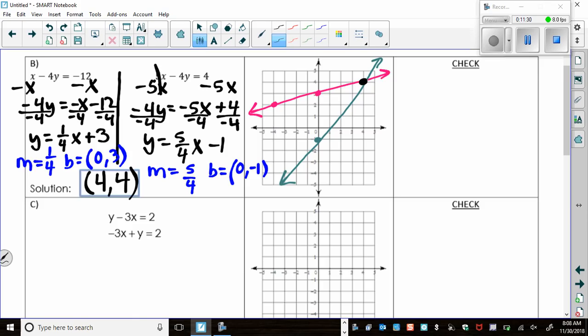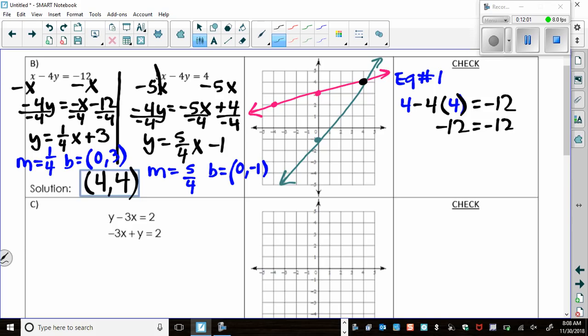And so when I check, I will plug in 4 into the original equation. So for the first one, equation number 1, my x is 4, minus another 4. I'm just plugging in numbers into the original equation. And then equals -12. And then this will give me 4 minus -16, which gives me -12.